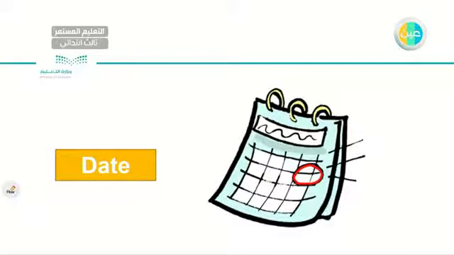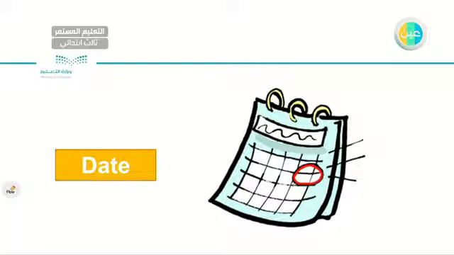As you can see, I have a page in the calendar where I have a red circle. So this means I have an important event on that day. I have a very big date or appointment or event. That's why I use a circle to mark that day, right?